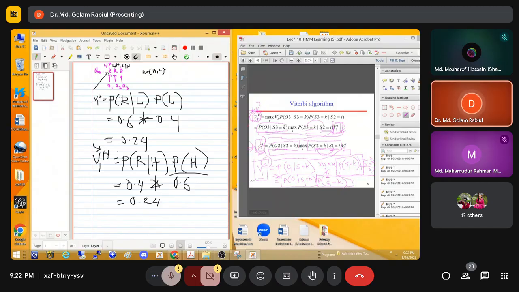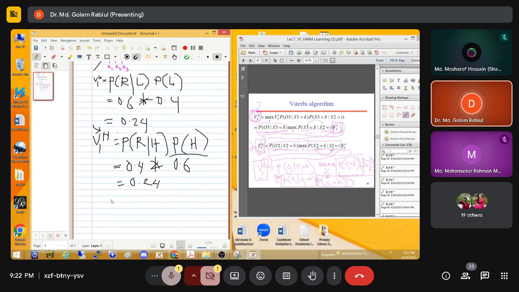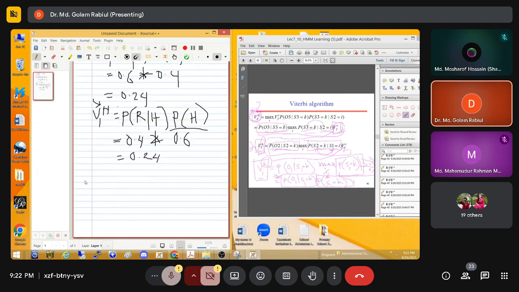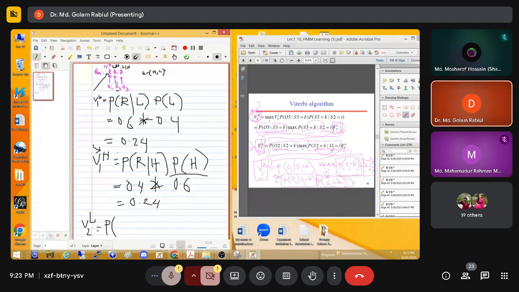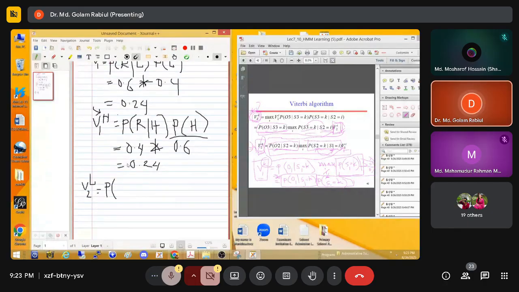Now, as we already know V1, we have to find out V2, that is V2 of L. So V2 of L will be the probability of observation 2 given S2 equal K. Observation 2 is also rain here, R is rain.